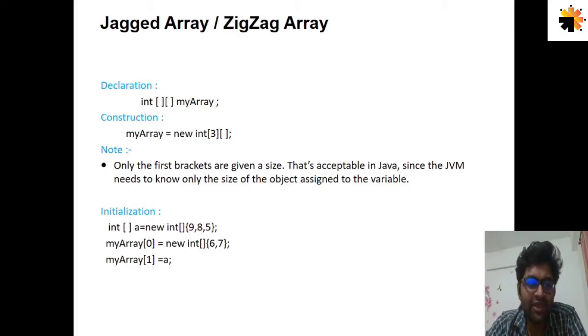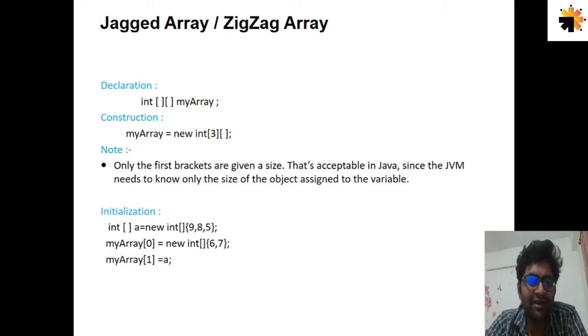I'm placing 6, 7 inside my array of 0, and I'm copying the a array at my array of 1. Now at 0 I have only 2 values, which are 6 7, and at my array of 1 I have 3 values which are getting copied. Those are 9 8 5.